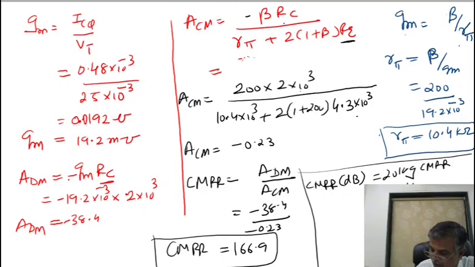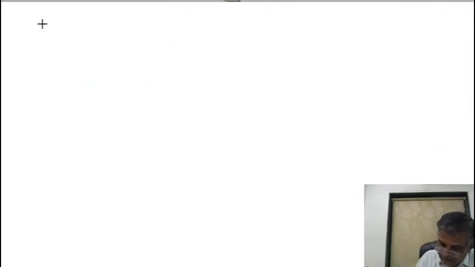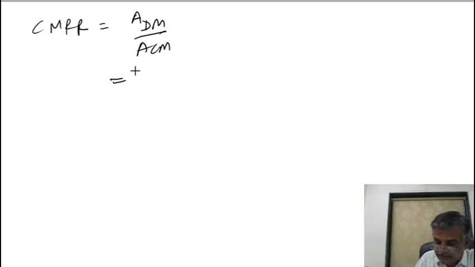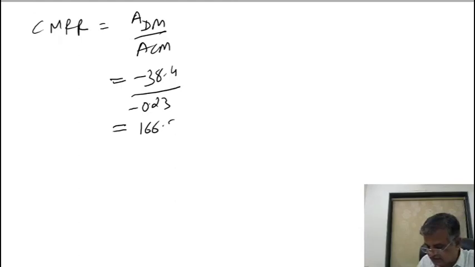So 20 log 166.9. CMRR is nothing but ADM upon ACM. This is ADM we have calculated, minus 38.4, and this is minus 0.23. So you will get nearly 166.9.